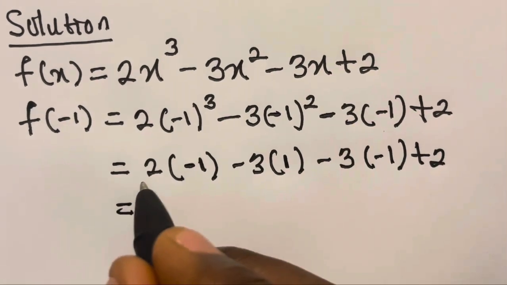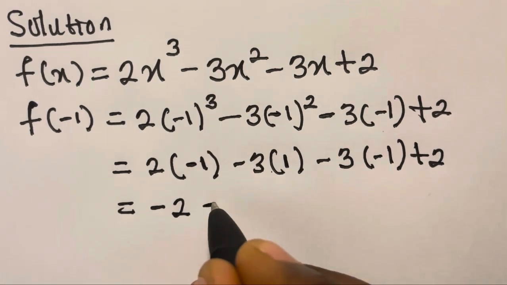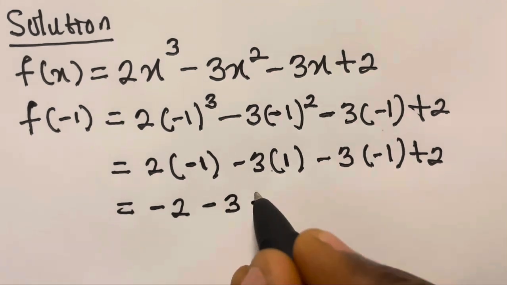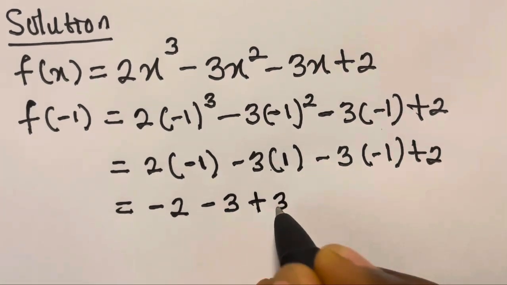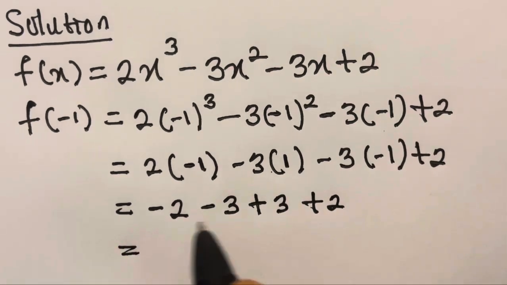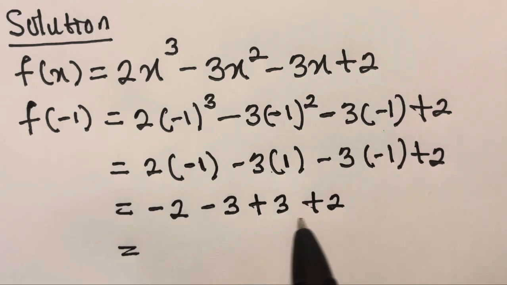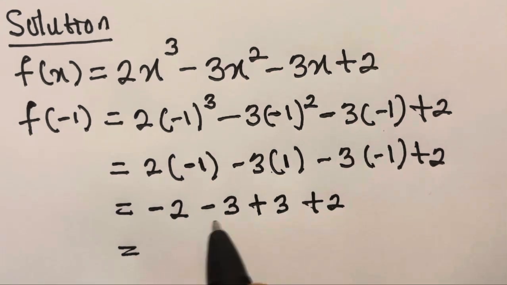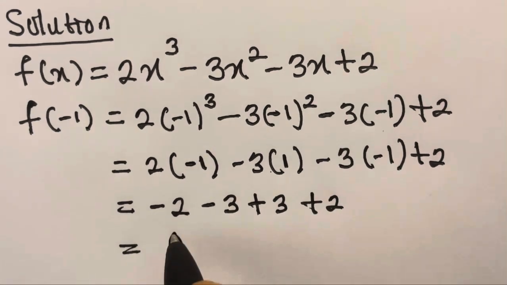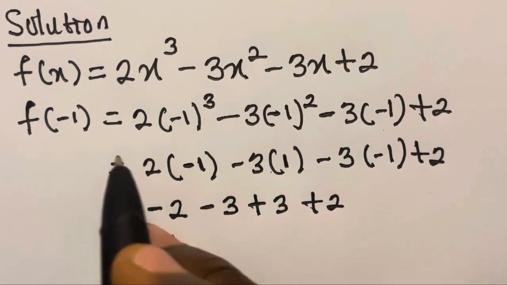So if you expand, we have 2 times minus 1, which is minus 2, minus 3 times 1, which is minus 3, minus 3 times minus 1, which is plus 3, then plus 2. So we have minus 2 minus 3, minus 5, plus 3, we have minus 2. Minus 2 plus 2, that is 0. So you can see this is equal to 0 when we substitute x as minus 1.